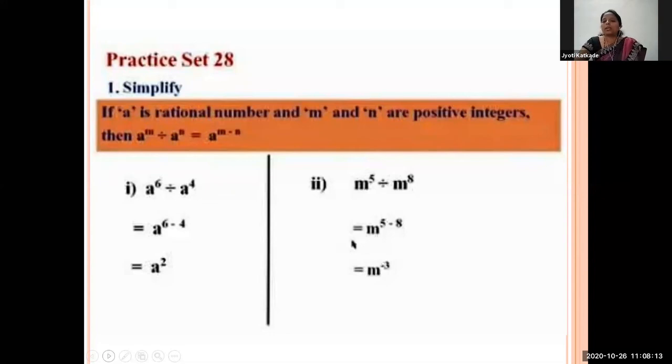And all of you know, when we subtract 8 from 5, 5 is the smaller value, 8 is greater. So we get power minus 3. Why is minus 3 there? Because the negative sign goes to the bigger number, 8. So we get m raised to minus 3. See next example.